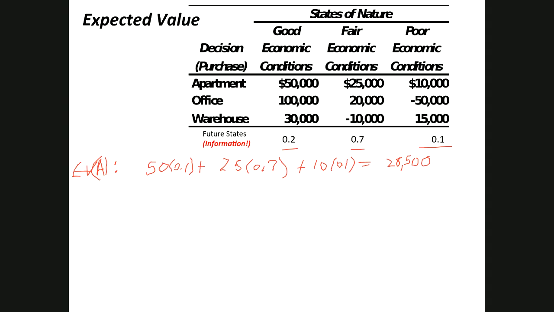Then for the expected value of the office, it's going to be similar. We'll return 100,000, and there's a 10% chance that we would have that return.